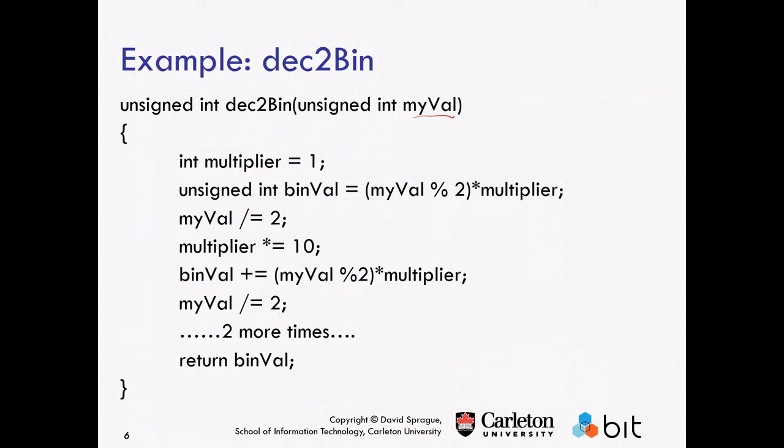So if I pass in dec to bin of, let's say, 7, what do I get? Well, this thing is going to be equal to 1, 1, 1. Now, technically the value was 111.